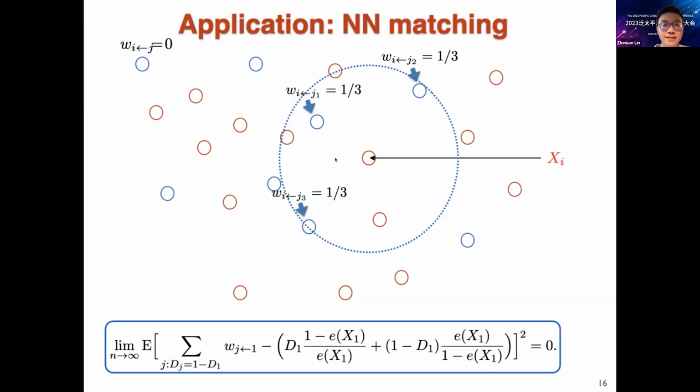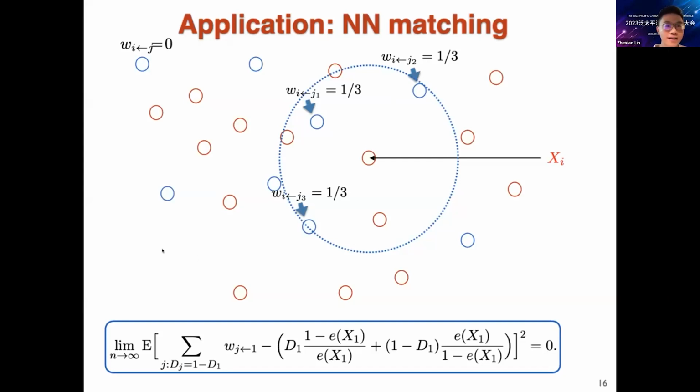So if we find 3 nearest neighbors, these 3 blue ones will be the nearest neighbors. Then for these 3 blue ones, the contribution will be equal to 1/3, because we use the K nearest neighbor estimator, and for all the other blue units, the weight will be 0.